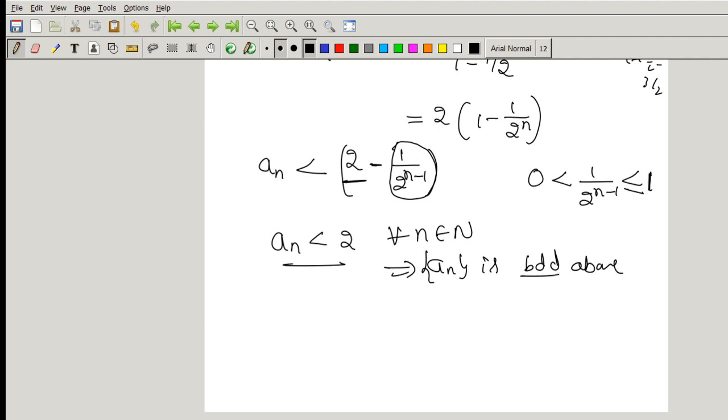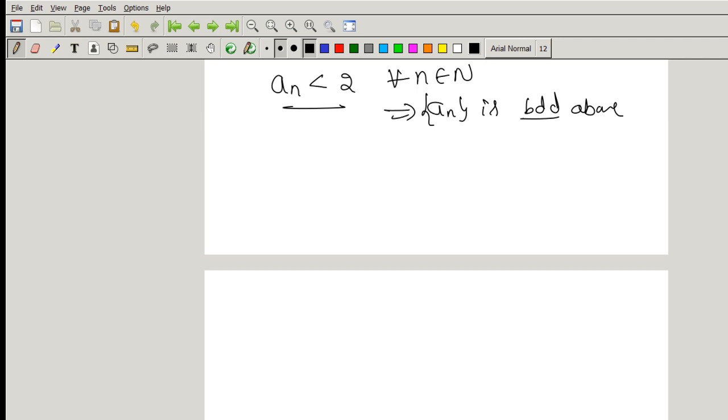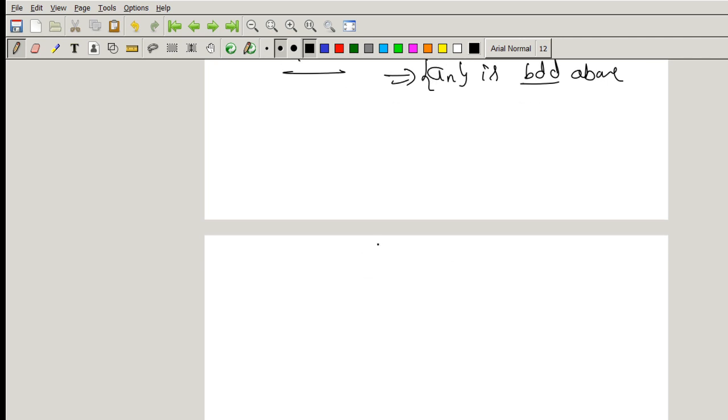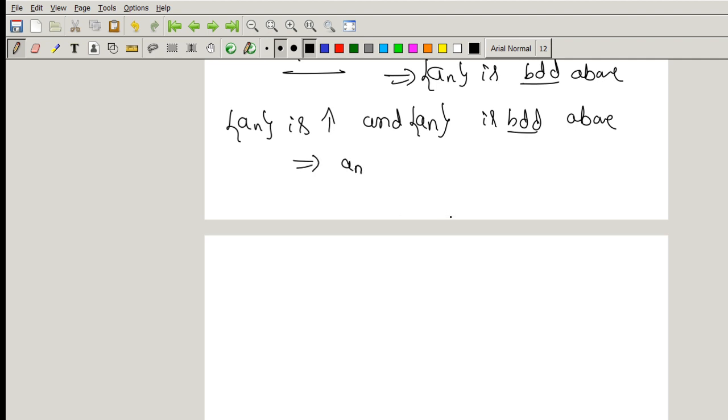We have proved that an is monotonically increasing and an is bounded above, which implies an is convergent.